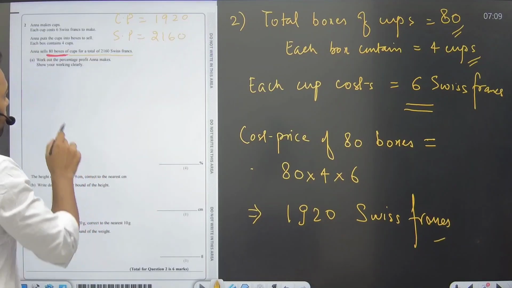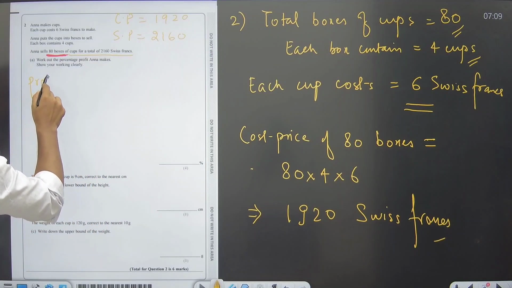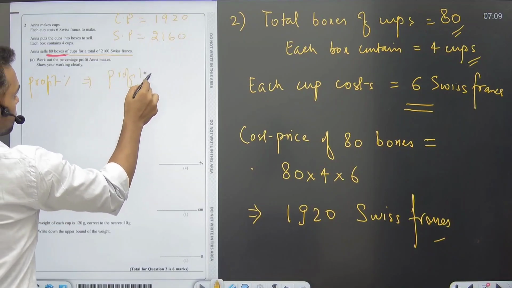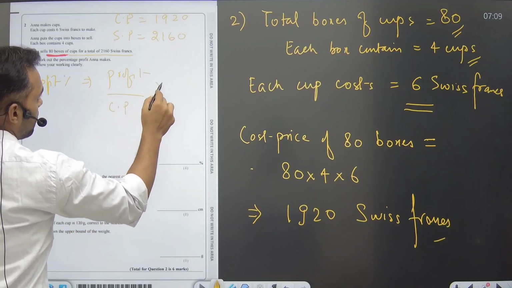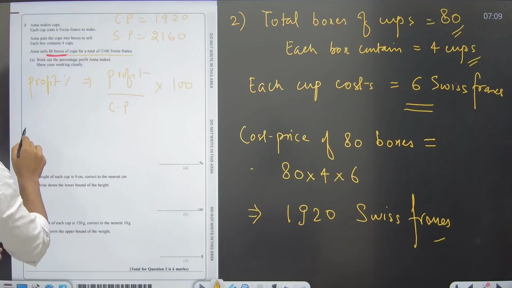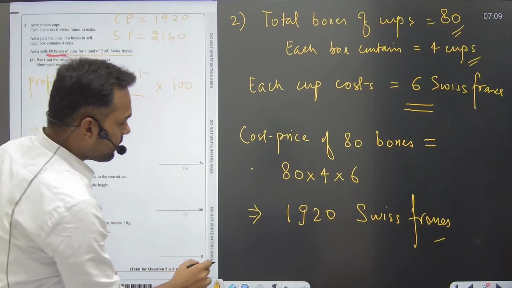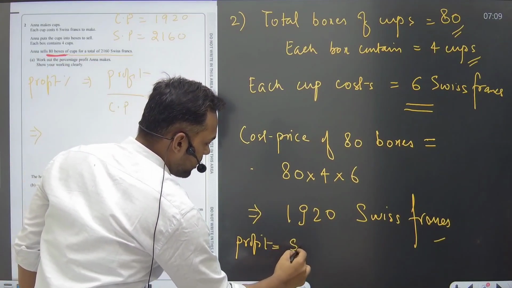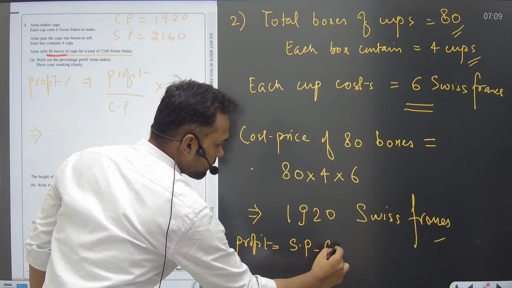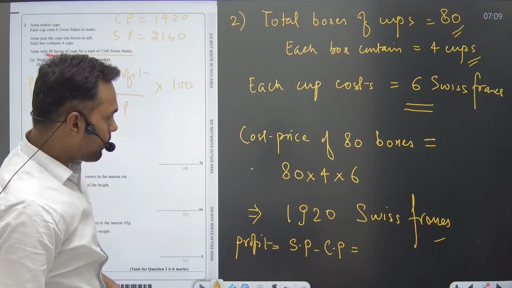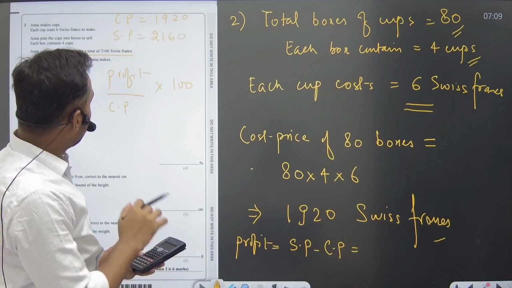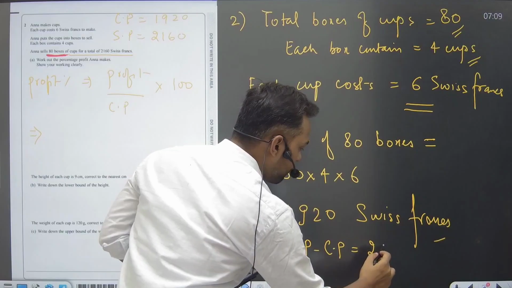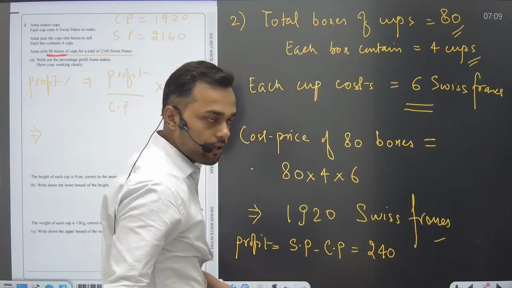Okay, so what is the profit percentage? Profit percentage is given by profit by CP, cost price, cross 100. So what is the profit here? We know profit is given by selling price minus cost price. So 1920 and the selling price is 2160, so you will get 240 Swiss francs profit.